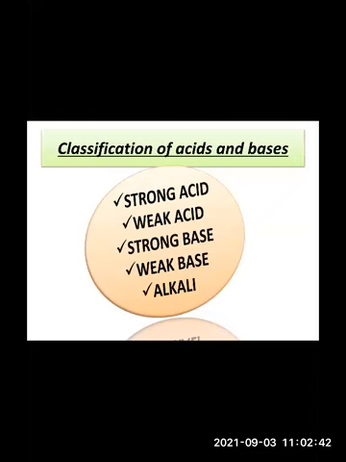Strong base, what happens? It will dissociate completely in aqueous solution, in water, and the resulting aqueous solution contains OH minus ions. Similarly, weak base. What is a weak base? A weak base on dissolving in water does not dissociate completely, and the resulting aqueous solution contains a small proportion of OH minus ions and the concerned basic radical, along with a large proportion of undissociated molecules of the base.